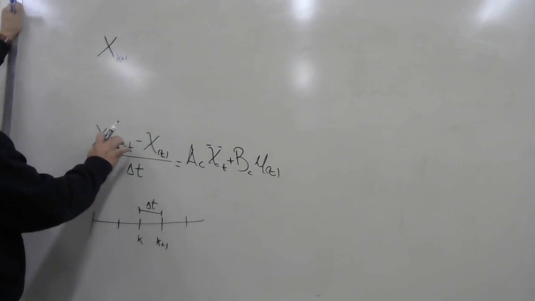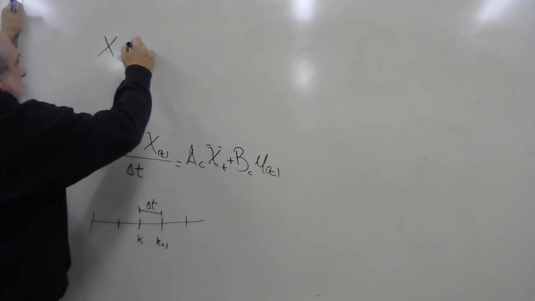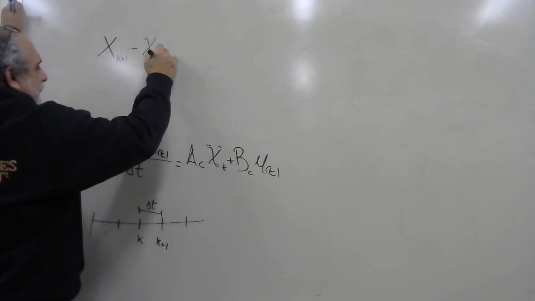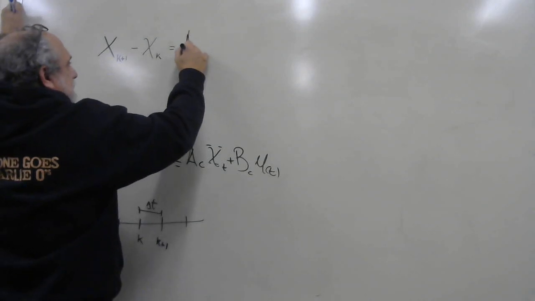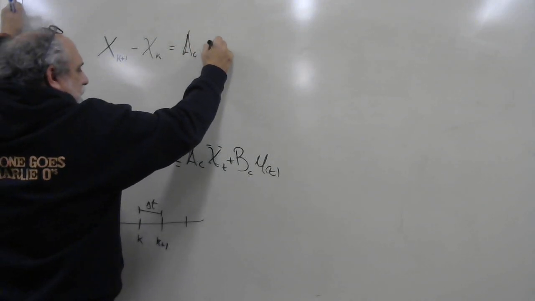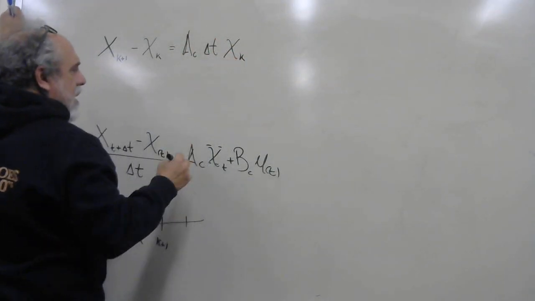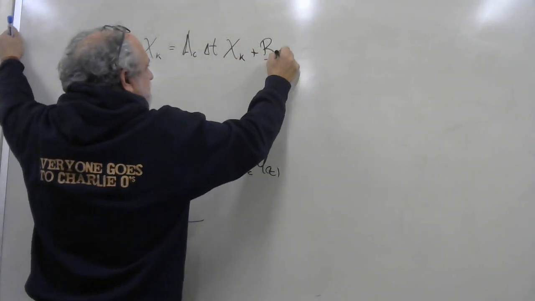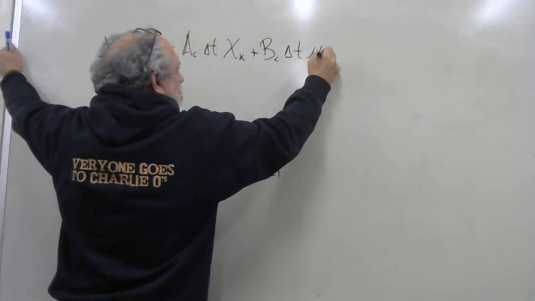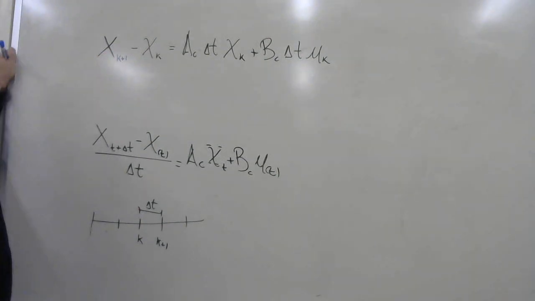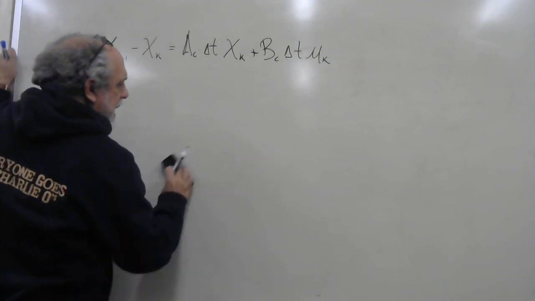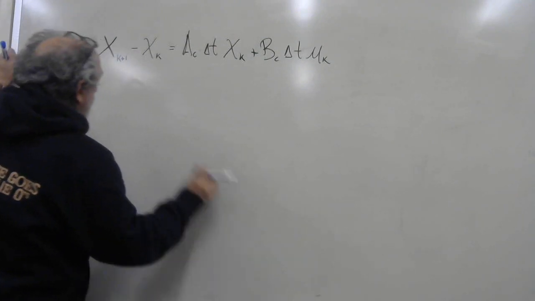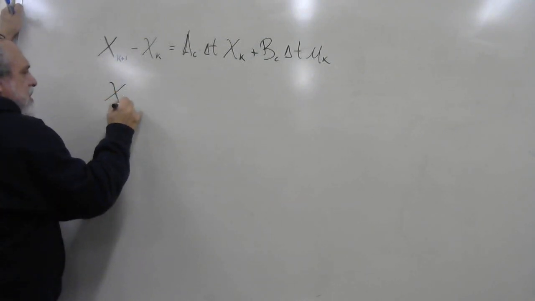So we could say that the time station at k plus 1 minus the time station k, multiplied times delta t, on this side we get AC times delta t times the state at station k plus BC times delta t times u at station k, right? And we then get what we were looking for, which is this formula.